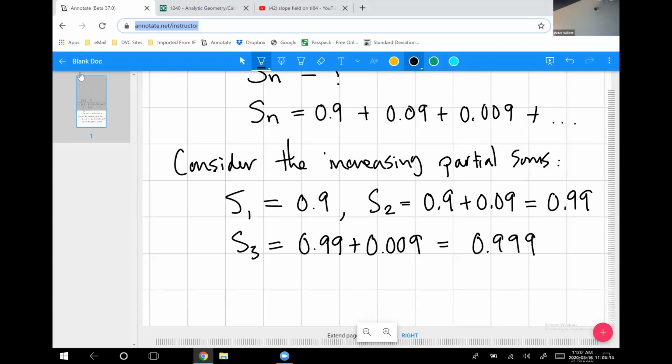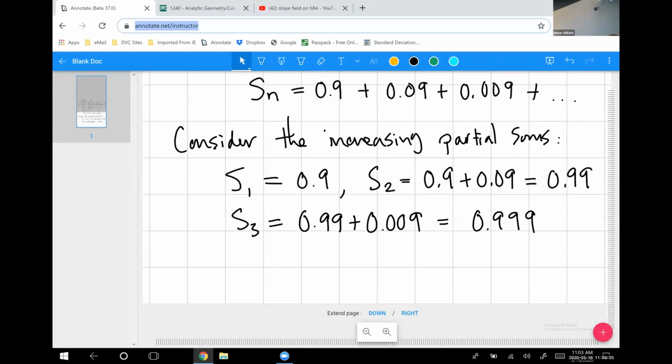So in each successive term of the partial sum, we add another 9 in the next decimal position down the way. That means S sub 4 would end up with 0.9999.